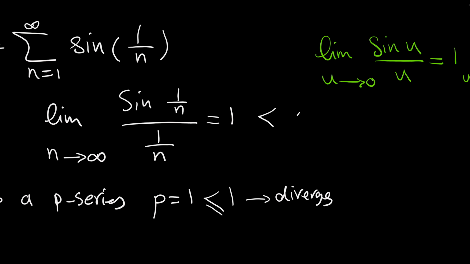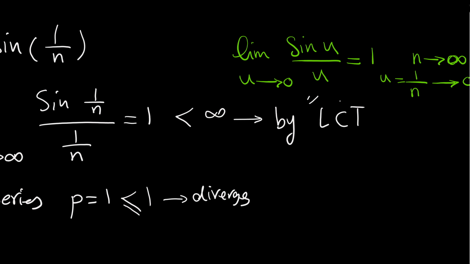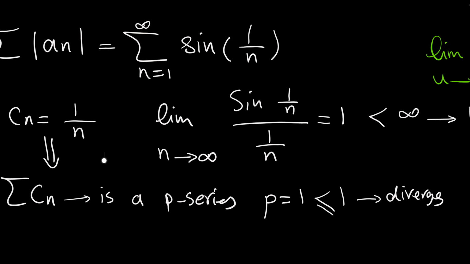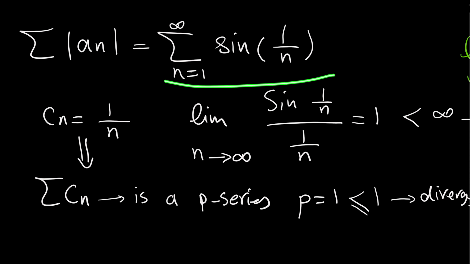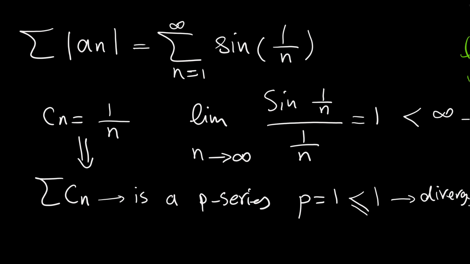And the limit is 1, which is less than infinity, so by the limit comparison test, the behavior of sigma 1 over n and sigma sine of 1 over n should be the same. We already know that sigma cn is a p-series and diverges because p is equal to 1. So this series diverges. So we can conclude that sigma sine of 1 over n, or sigma absolute value of an, diverges.